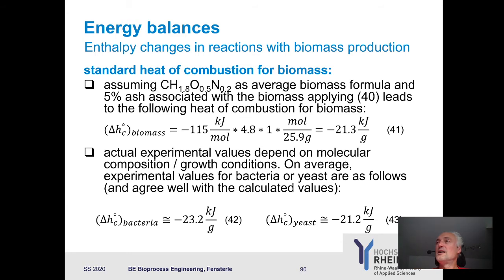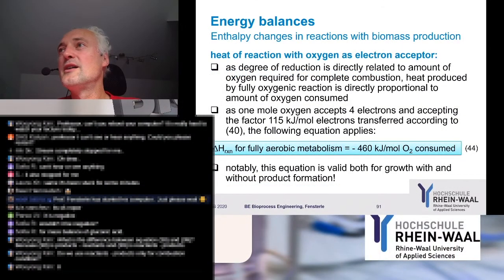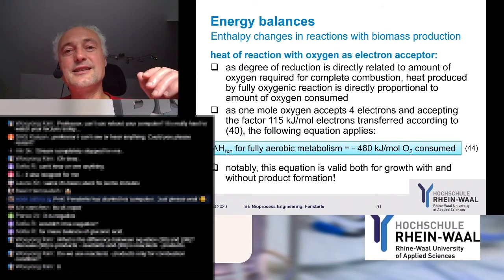Okay. What I said before is that at the end, heat of combustion means that I transfer my electrons to oxygen. I forgot to look whether some of you have come up with a degree of reduction of methane. Yes, the degree of reduction of methane is 8, and you remember in this table, this is on the rightmost part of your table.